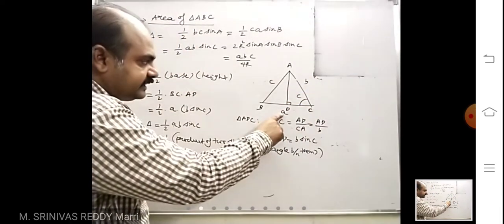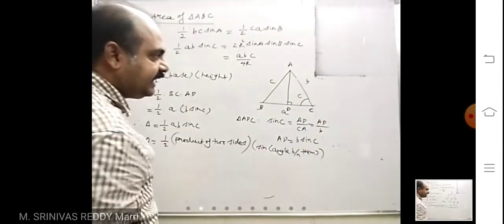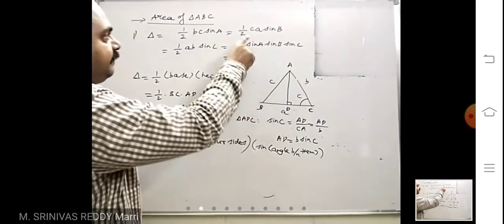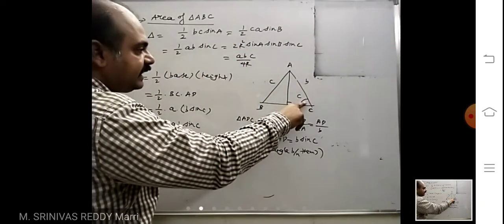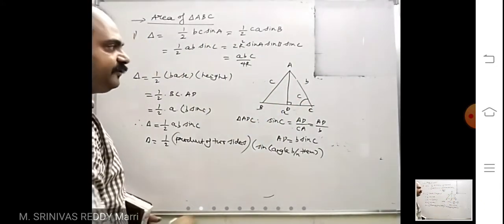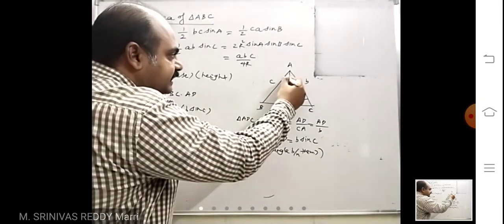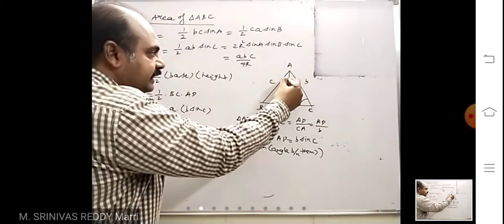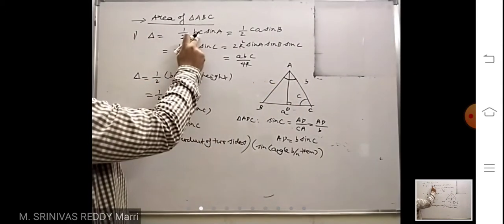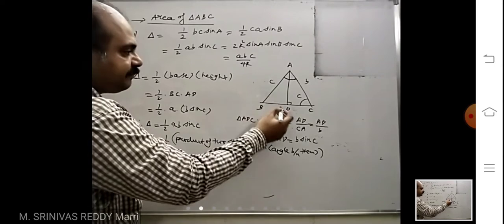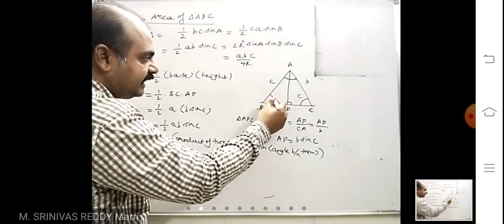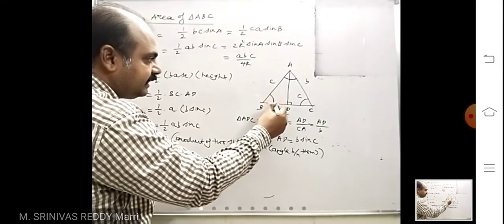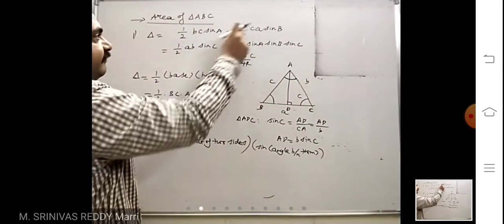Suppose sides AB are known and the angle between them is known: half into the product of the sides into the sine of the angle between them. If you know side b, side c and the angle between them, it is half bc sin A. Suppose you know a and c and the angle between them, again half into the product of sides into the sine of the angle between them. These are the formulas.